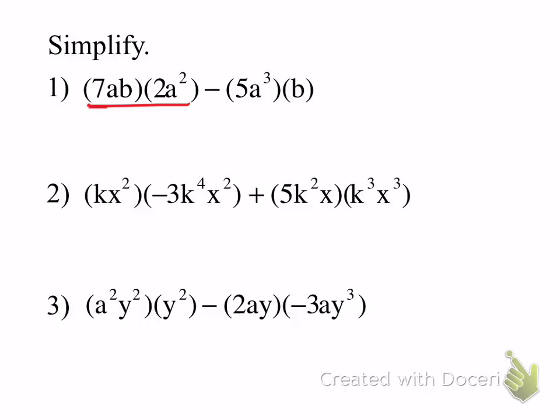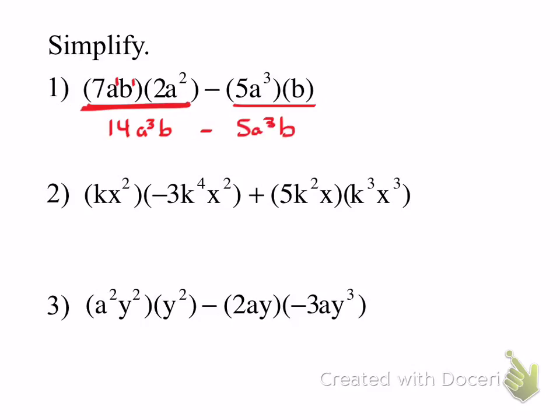Okay, but I want this whole side. Okay, 14 a to the 3rd power b. Okay, now if I simplify the other side, Jack. If you were to simplify the other side, you would get 5a to the 3rd power b.